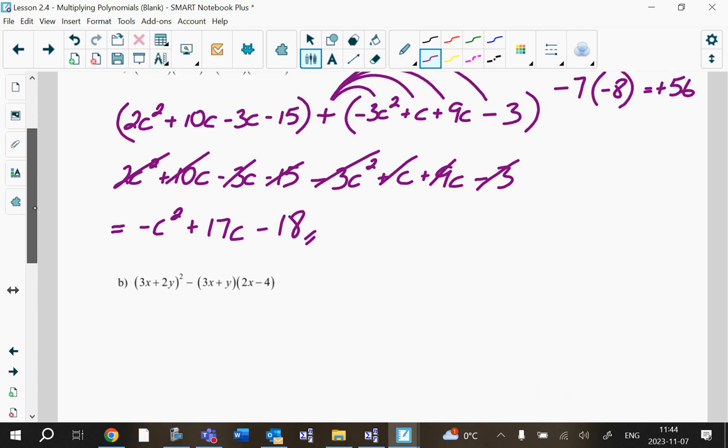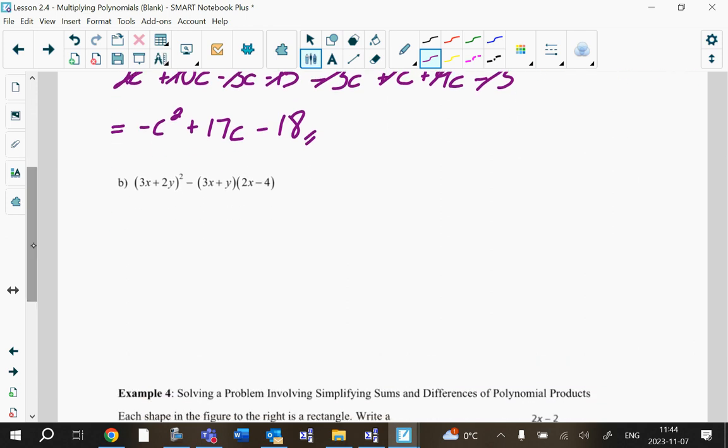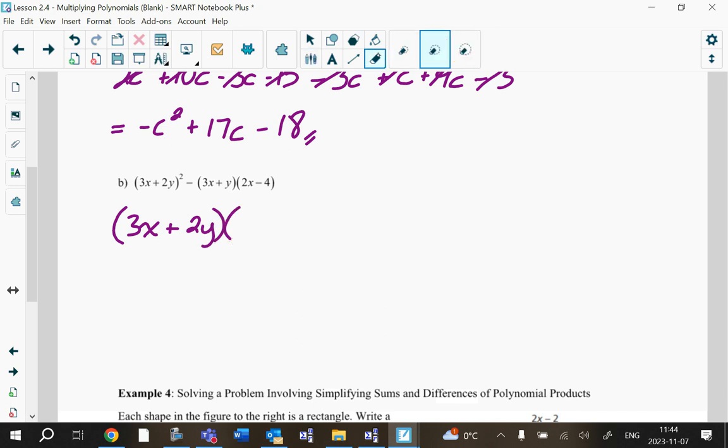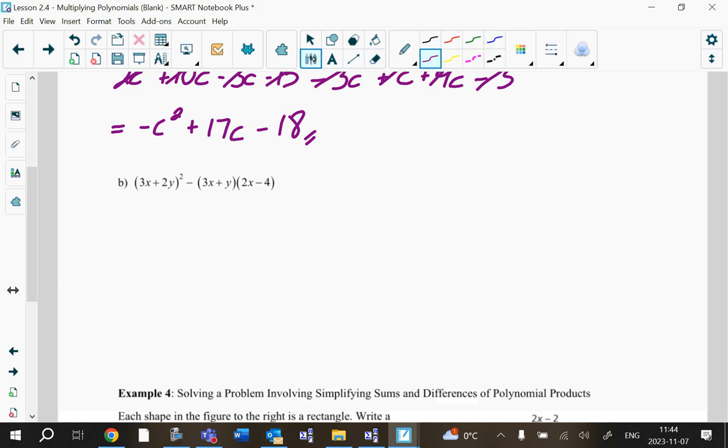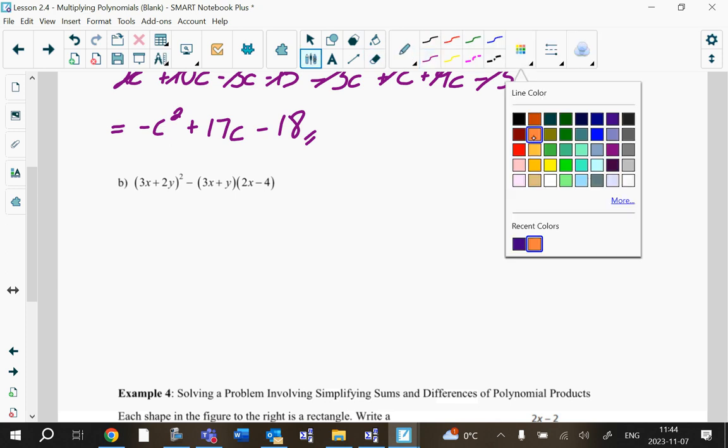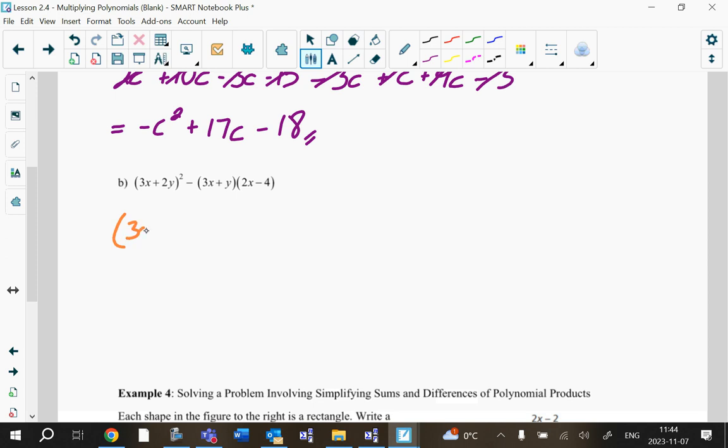All right, second last one. So 3x plus 2y all squared means 2 multiplications.